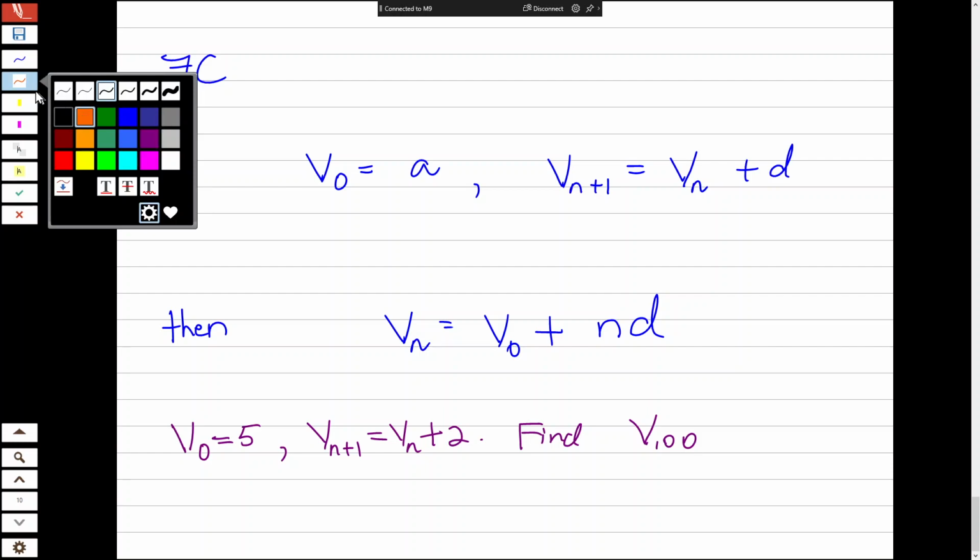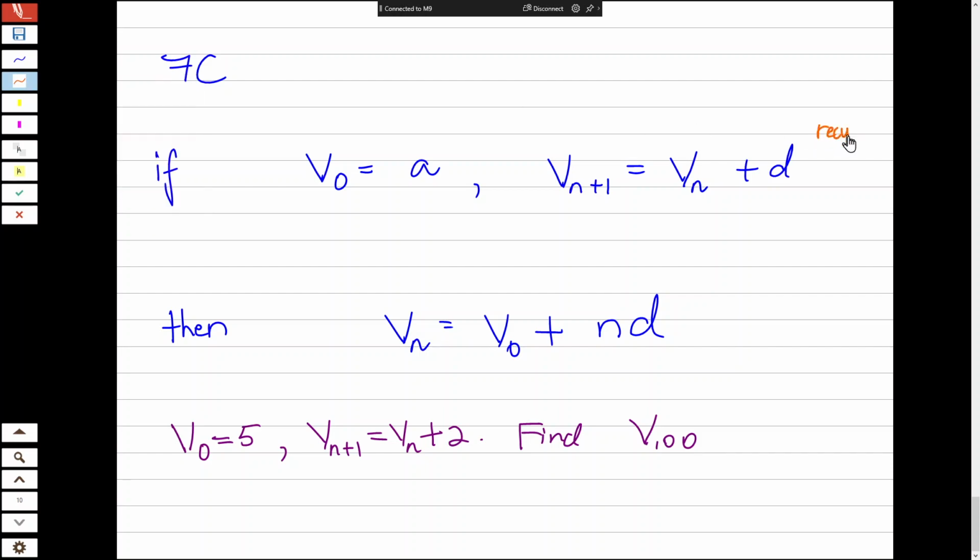I'll label them. First, we've got a recurrence relation. And down here, we've just got what's called a rule. The study design calls it an explicit rule. So, see this recurrence relation? I start at 5 and I add 2 each time. You might even remember we did this last year.